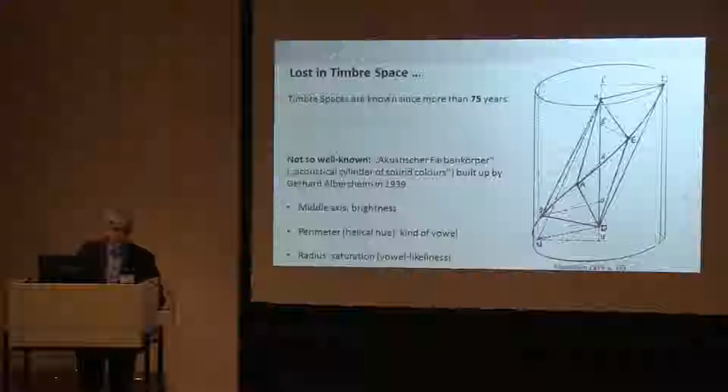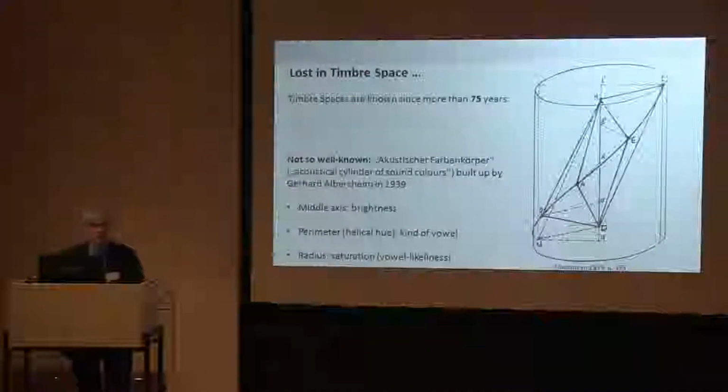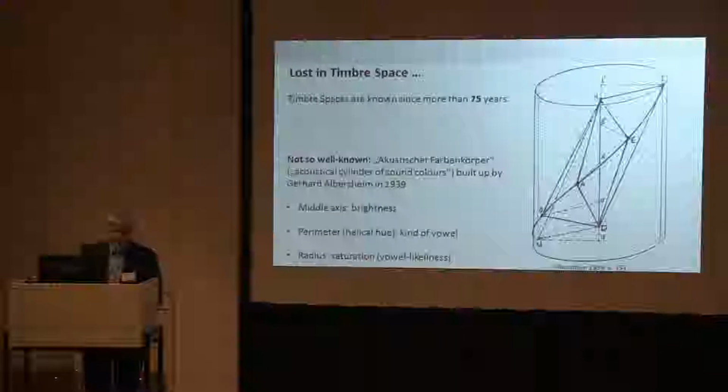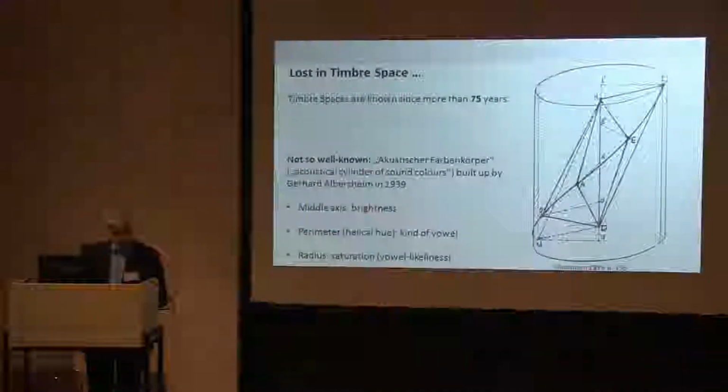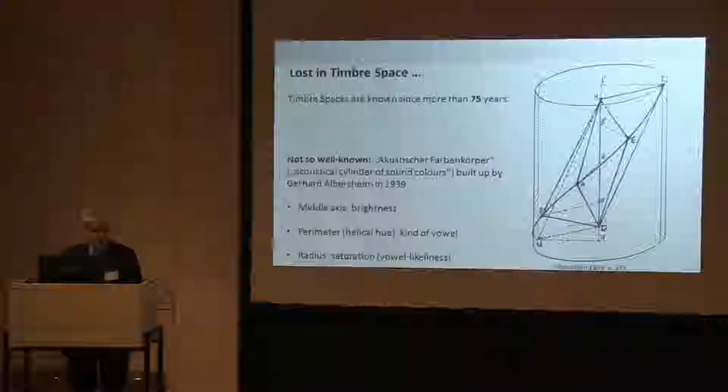But looking back in history, Gerhard Albersheim, a pupil of Karl Stumpf, developed the concept of the akustische Farbenkörper as a cylinder of sound colors 36 years before Grey's timbre space.